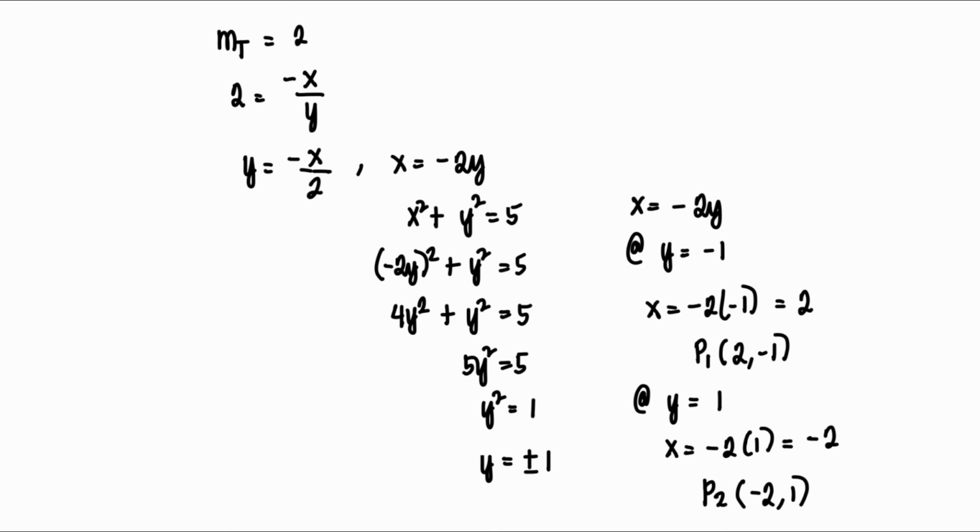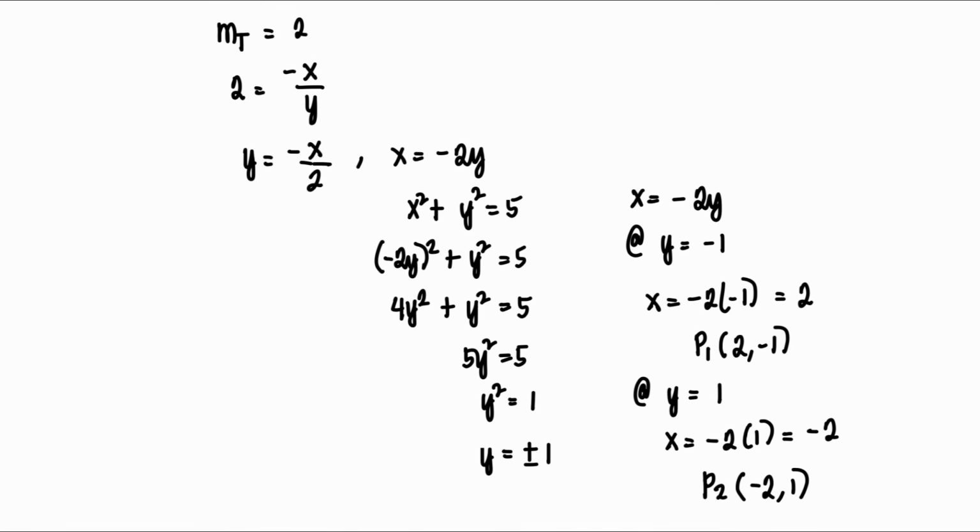So which of these two will be the point that would give us a slope of positive 2? Let's try to see. This equation right here is actually a circle whose center is on the origin, whose radius is square root of 5. If the slope is positive 2, it must be inclined to the right.